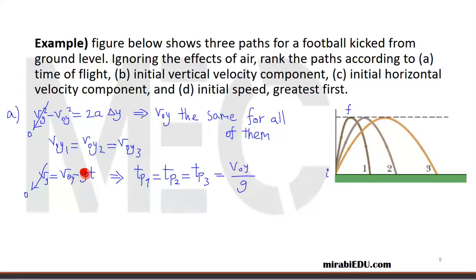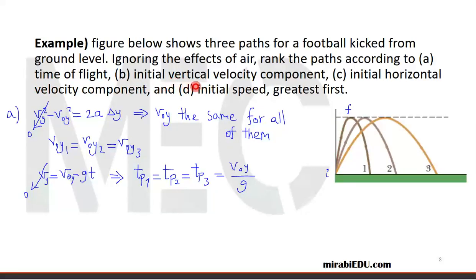Bringing this to the other side, we can say t is equal to V0y over g. So V0y was the same, and g is the same, so the time to reach the peak point is the same, and therefore the time of flight for all of them will be the same. So we solved part A. The time of flight for all of them will be the same.